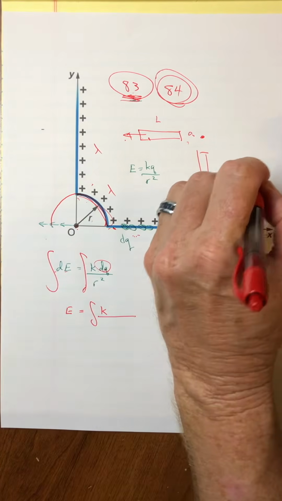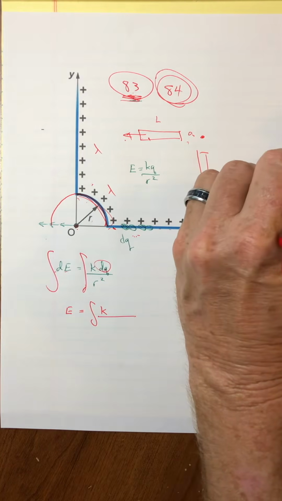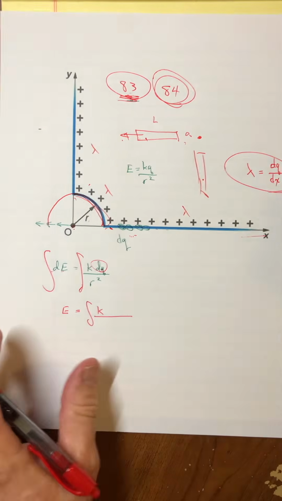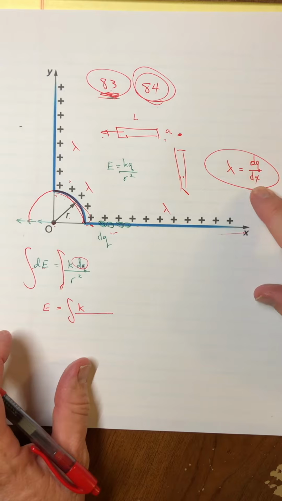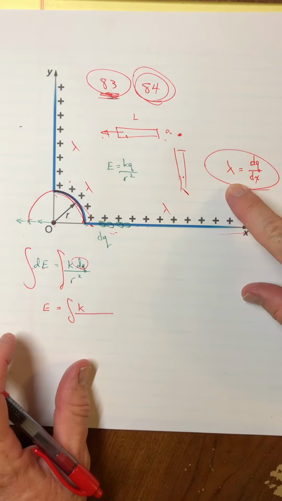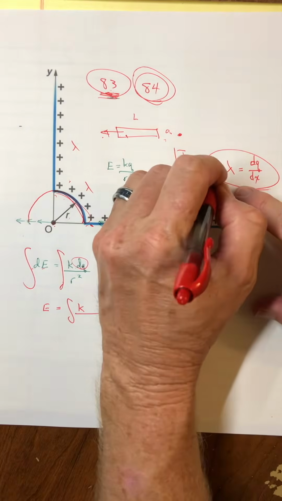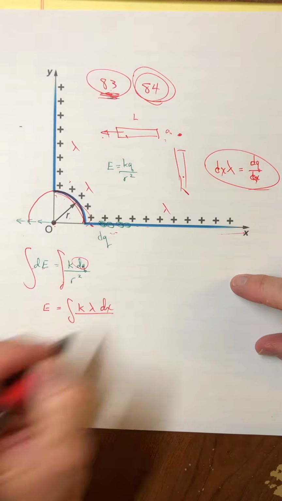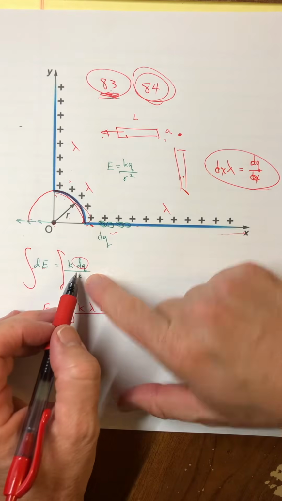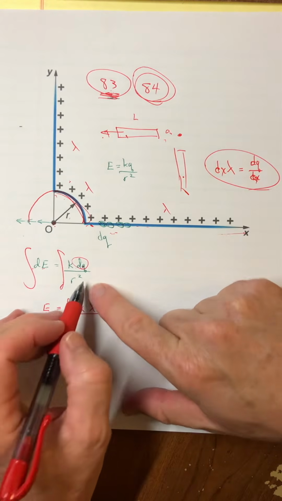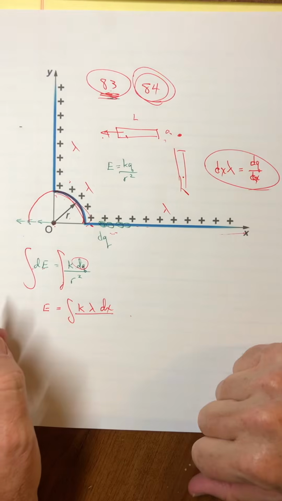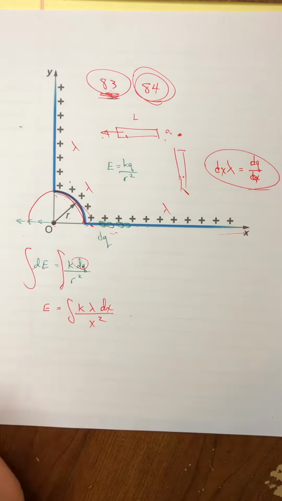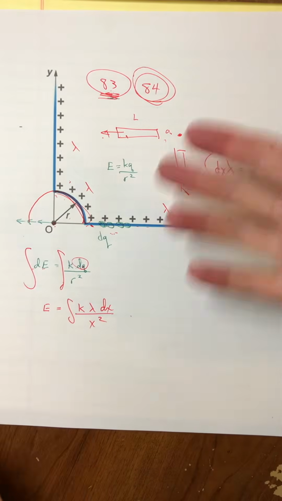The definition of lambda is charge per length, so if I take a little bit of charge divided by a little bit of length, I get my lambda. Where that's useful is when I bring the dx to this side, my dq is lambda times dx. That's how, if you remember in 83, I talked about changing a dq into a dx. And then the distance away is just your value on the x-axis, so that's just x. And so there's our integration.